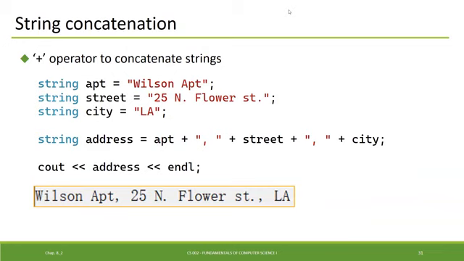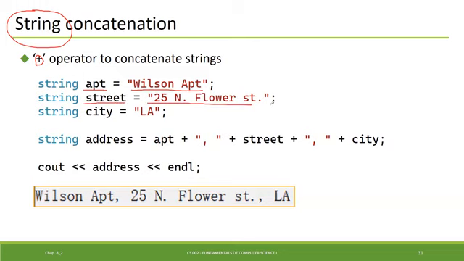concatenate two strings, we use string concatenate, right? Yeah, for C string. But in this case, if you want to concatenate strings, then you may use the plus operator. So look at this one, string apt Wilson, apt, street.